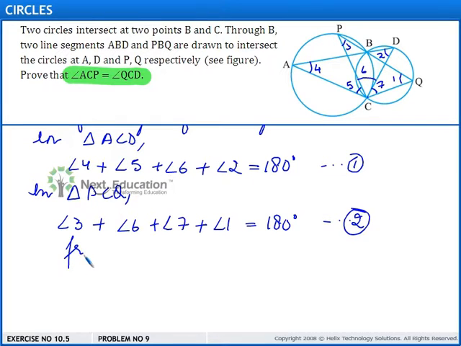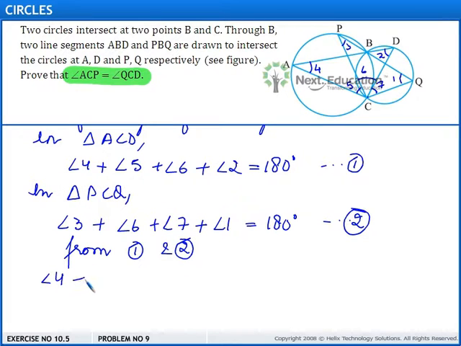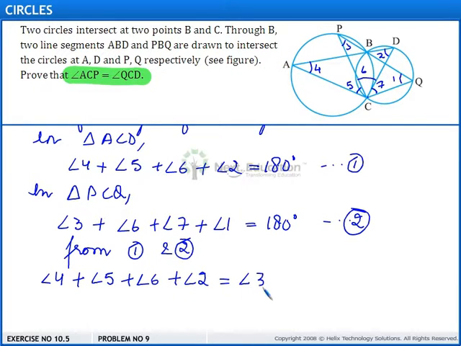Now from 1 and 2, since the right hand sides are equal, the left hand sides are also equal. So angle 4 plus angle 5 plus angle 6 plus angle 2 is equal to angle 3 plus angle 6 plus angle 7 plus angle 1.